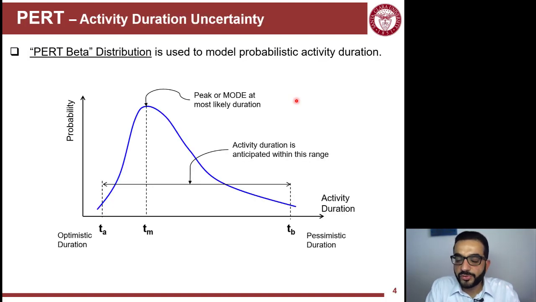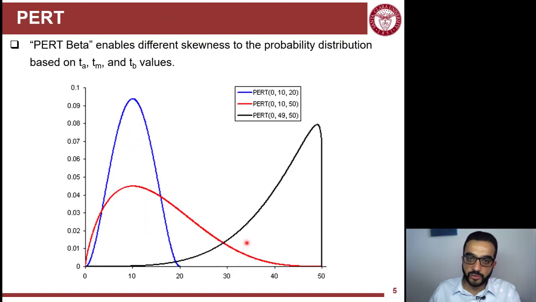With these three estimates, you can build up a beta probability distribution for the activity duration. The optimistic duration will be the least value, the pessimistic will be the longer, and most likely will be in the middle. The difference between these three values will determine the skewness of the probability distribution of the activity duration.